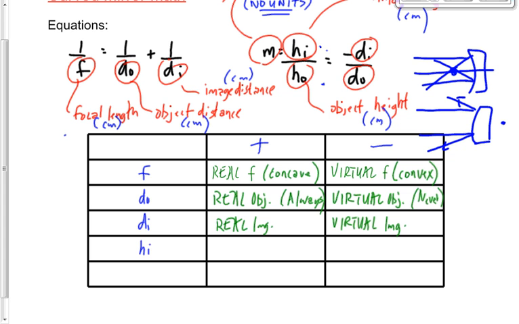We've got two variables left here, HI and HO. Here's a toughie. When do you think HI is going to be a positive value? It's probably not what you're thinking.